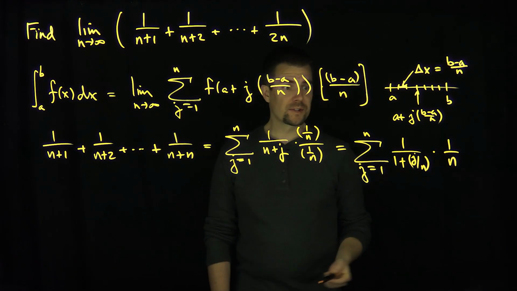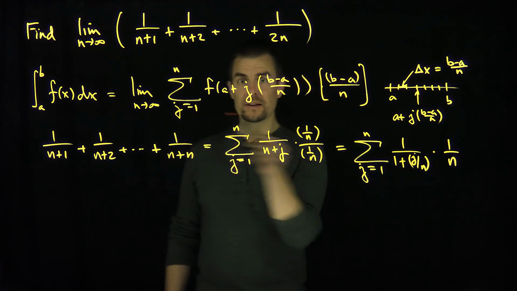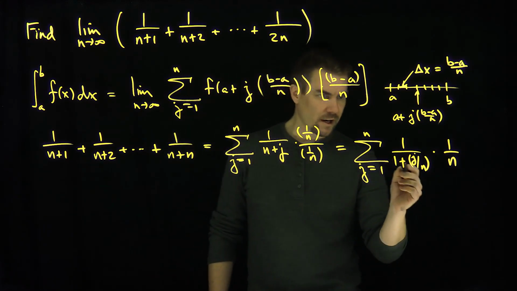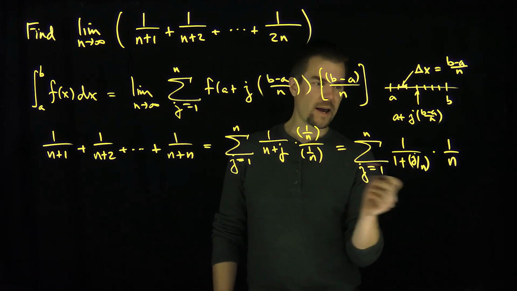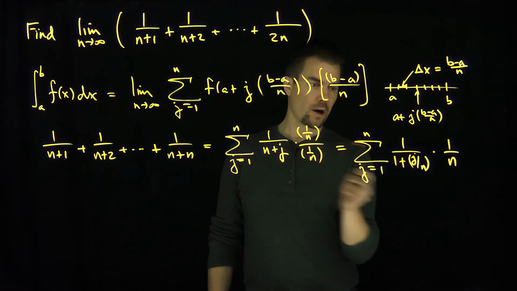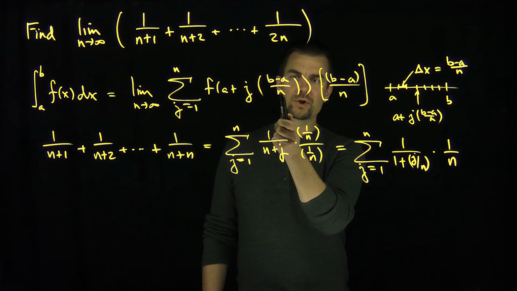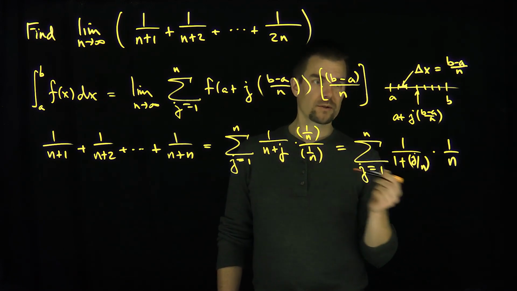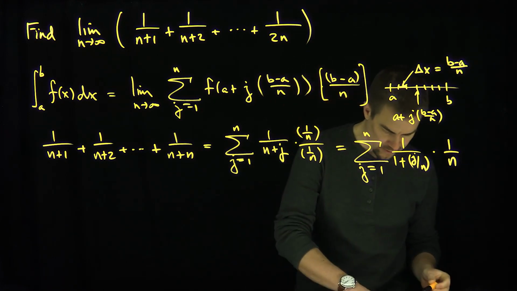This is great because now this looks like a term in my Riemann sum. If I look at this carefully enough, it looks like my a was chosen to be 0 and my b was chosen to be 1, so that b minus a over n is 1 over n. So let's make that choice clear now.